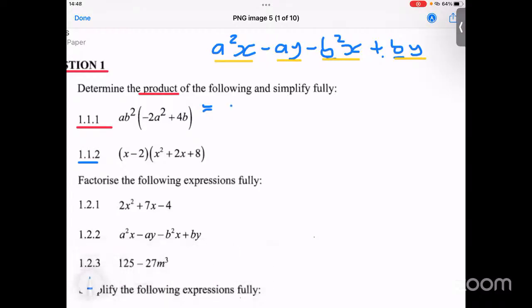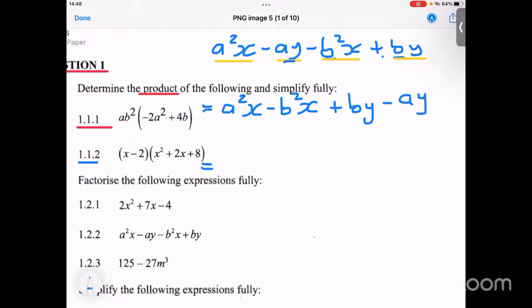You see this one of a squared x minus b squared x, you bring them closer together, and you still have this plus by, put it closer together with this one of a y, which is that one over there. Let's see if this method is going to be a bit easier.